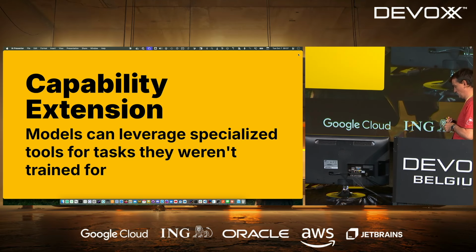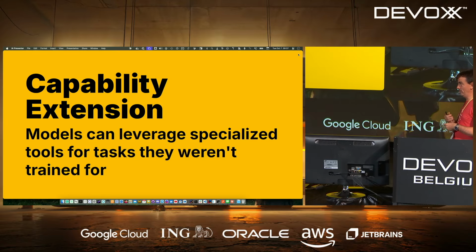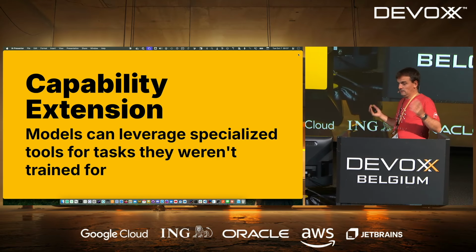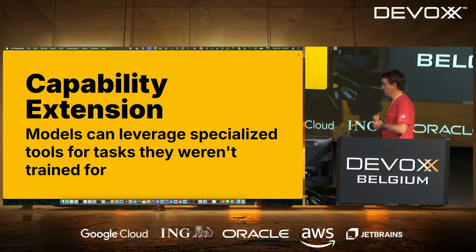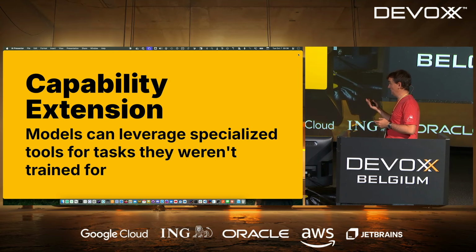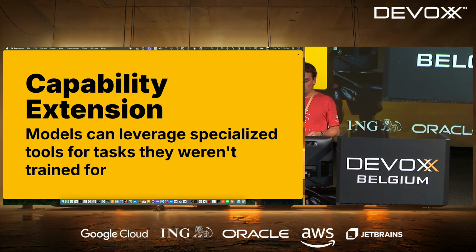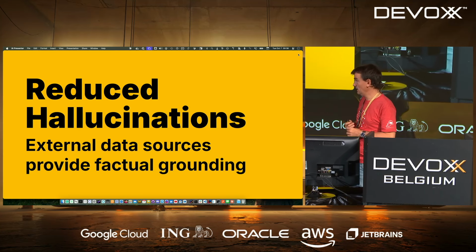I saw the other day, for example, that Chrome released an MCP server for the browser, so you can basically control the browser and connect to the developer tools to essentially get information to the model about how your application is behaving in the browser. So I guess imagination is the limit to how we can extend LLMs thanks to MCP servers, and the extension typically is referred to as tools. So there are tools to basically allow the LLMs to do more things.